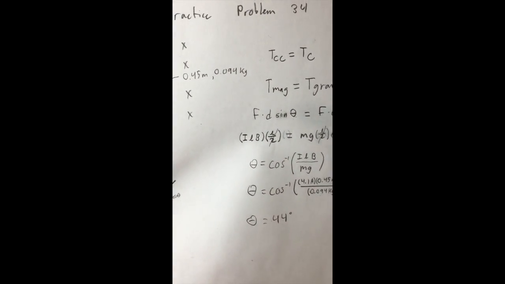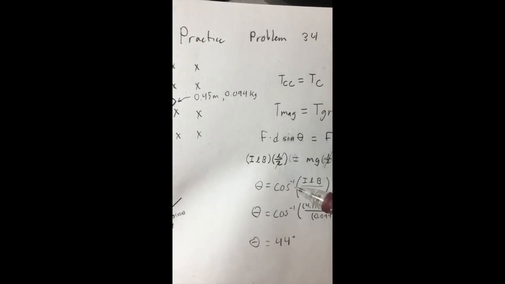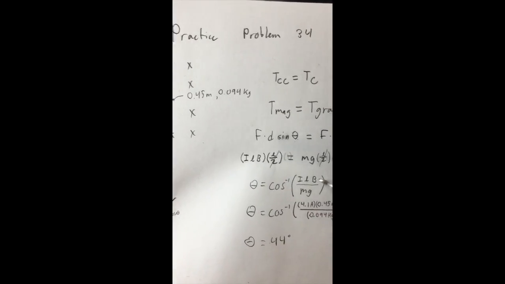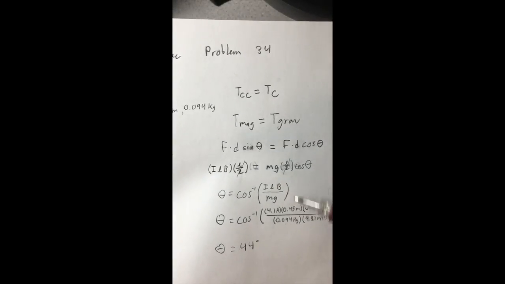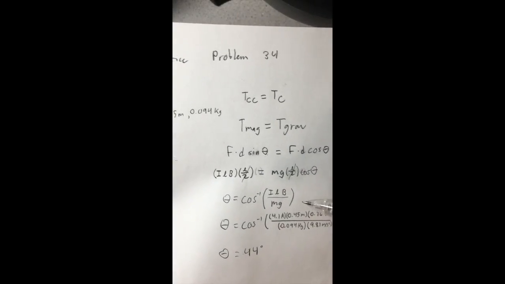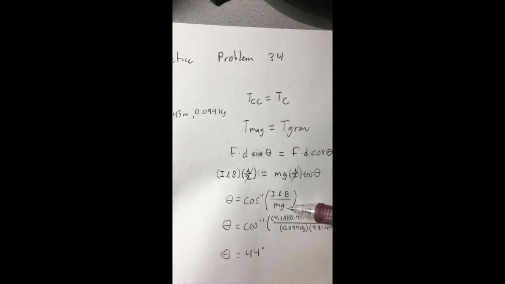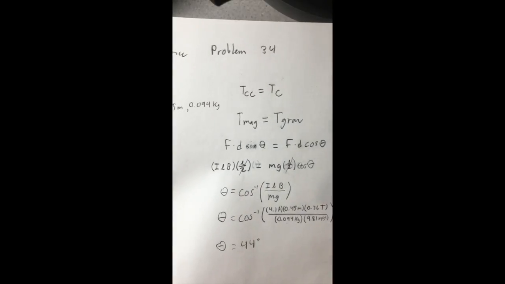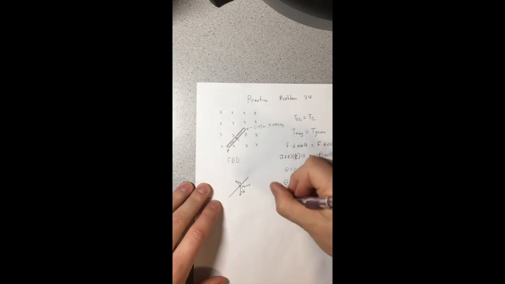And then once we isolate theta, it becomes the inverse of cos times this fraction here, which is current times length times magnetic field divided by the force of gravity. So once we plug in all our numbers, we get 44, which is our answer.